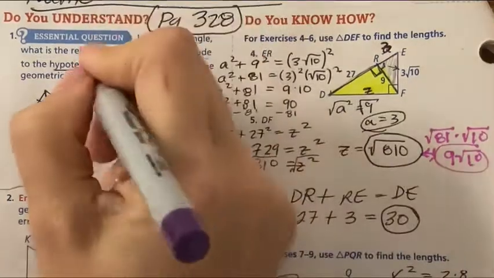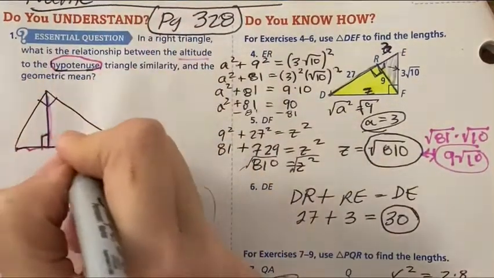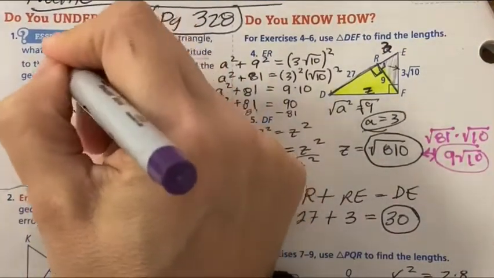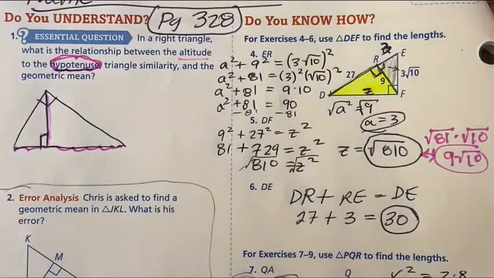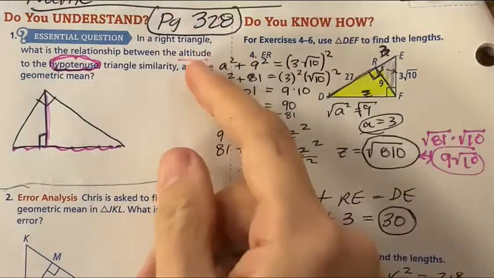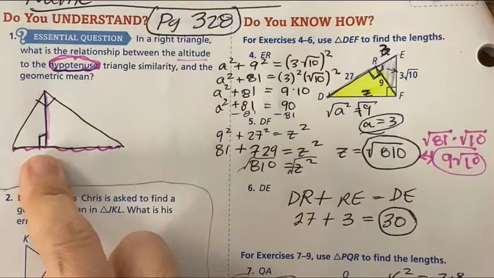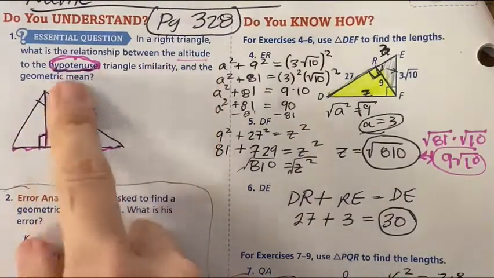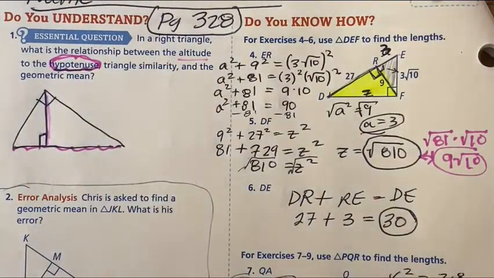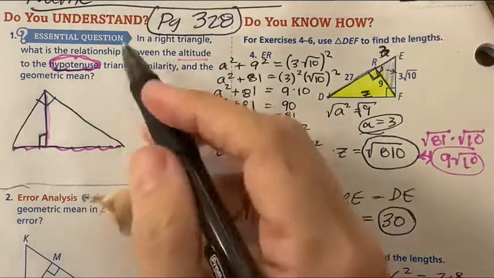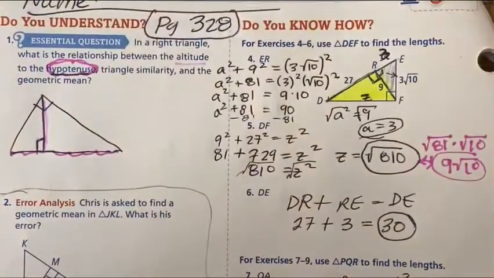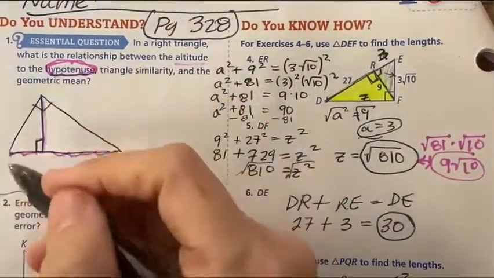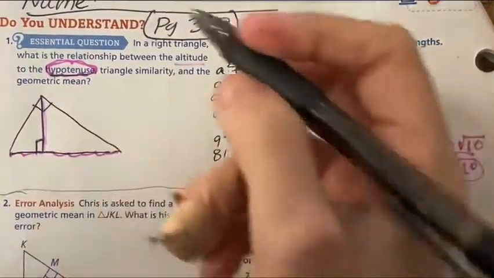So here's my hypotenuse. Between the altitude and the hypotenuse: triangle similarity and the geometric mean. Wow, that's a big question. That's why it's called the essential question. That's essentially what we talked about all day today. So let's summarize the lesson.